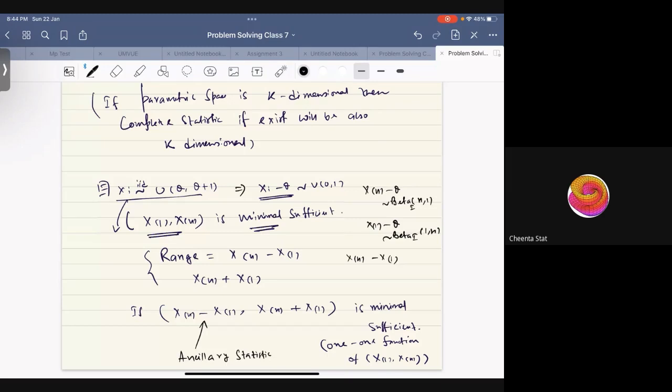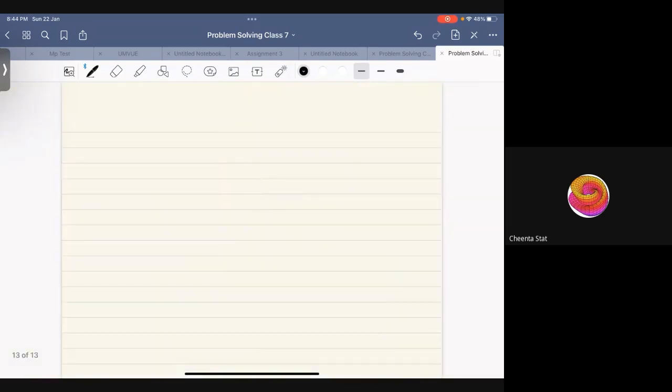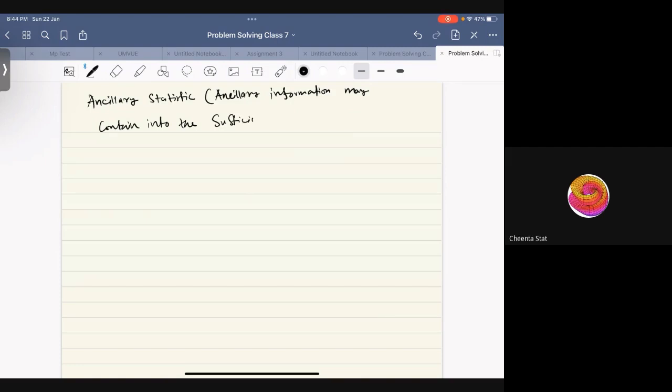So the main argument is that if it came to your knowledge, or if this type of question happens, I am writing: ancillary statistic or ancillary information may contain into the sufficient statistic, minimal sufficient, because it's a bigger class, I will not take that thing.